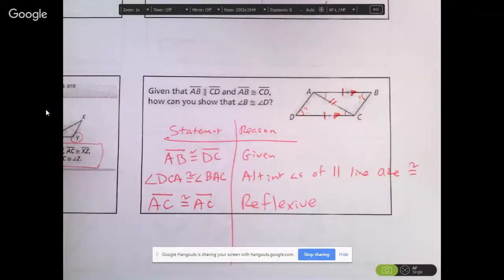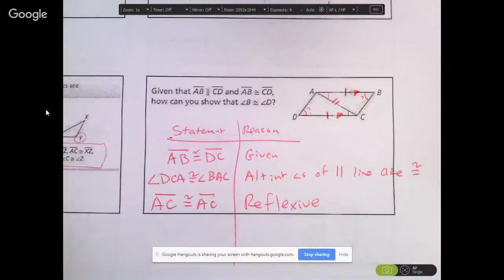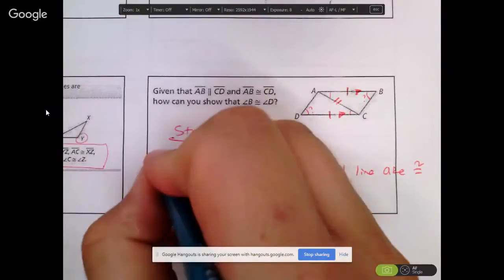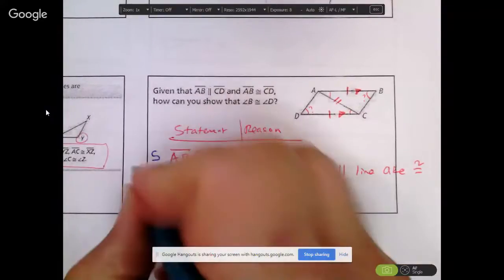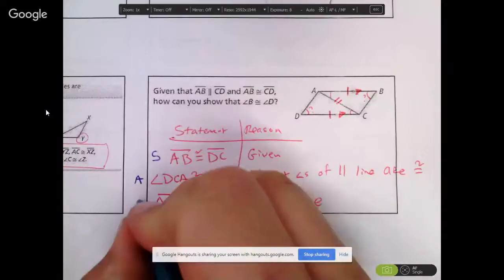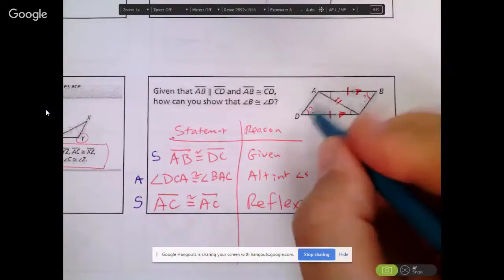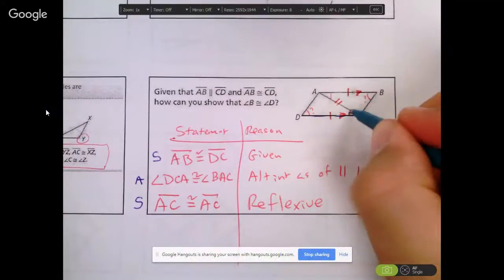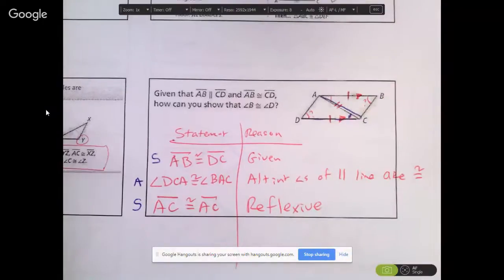And watch what I just did here. I told you that the side was congruent, I told you that the angle is congruent, and I told you that the side was congruent. I told you side, angle, side. And then when it flips, it'll land on it.